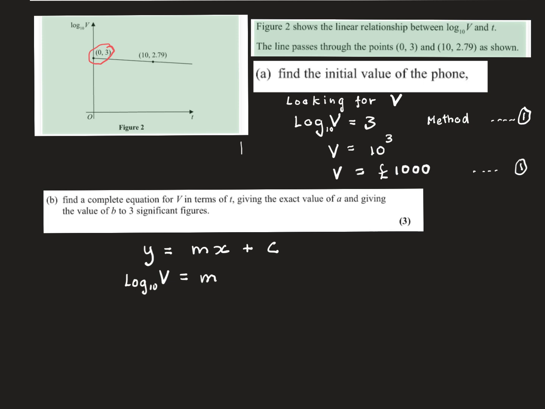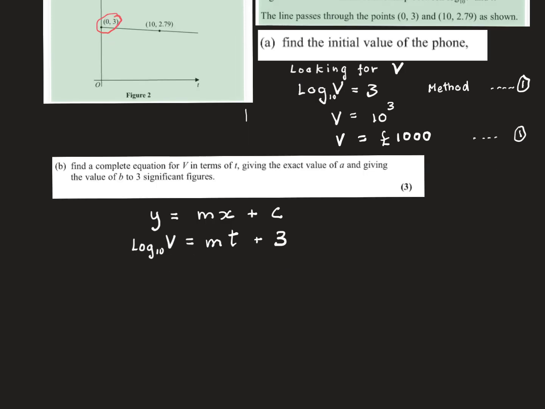The x-axis is the time axis, and c is the intersection with the log 10 V axis, and that happens to be 3 from the graph. Let's calculate the gradient m. It's going to be the y step over the x step. The y step is 2.79 take away 3, and the x step is 10 take away 0.